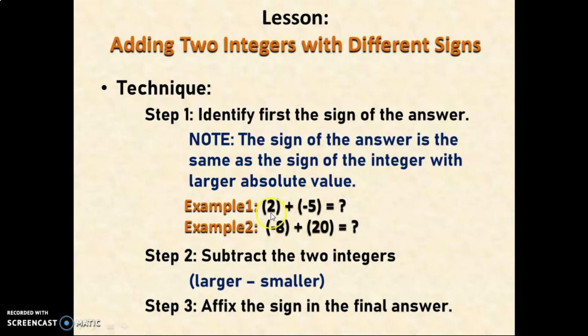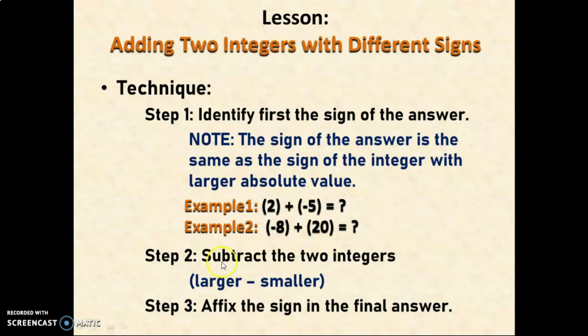So the sign that we're going to copy will be the negative sign. Now here we have -8 plus 20, mas mataas yung 20. So the sign that we will copy will be positive. So that's how to identify the sign of the final answer. Kunin mo lang or kopyahin lang yung sign ng mas mataas na number in terms of their absolute values.